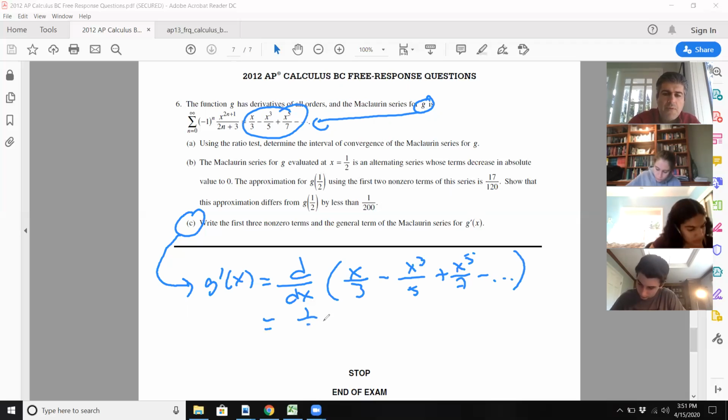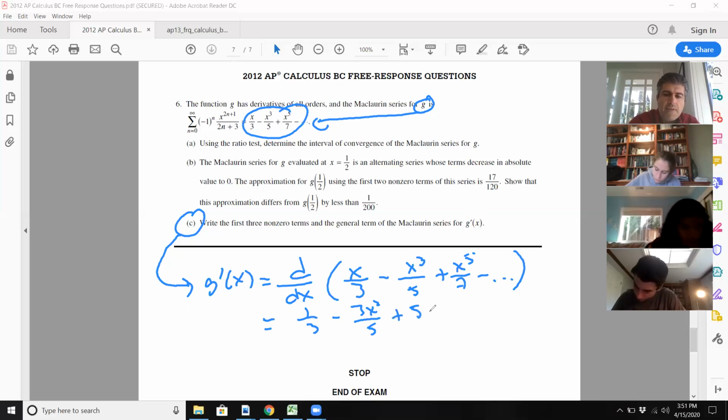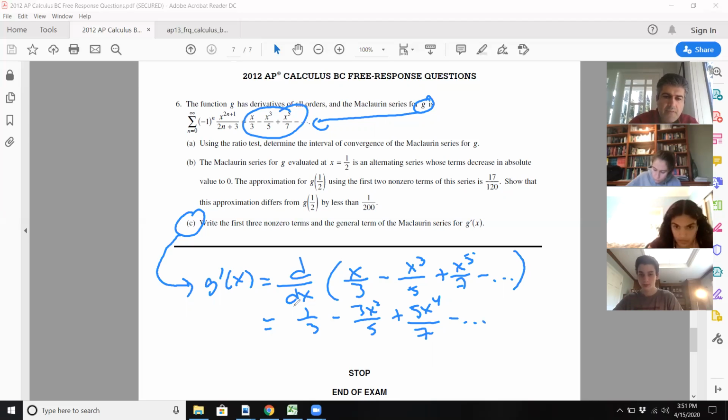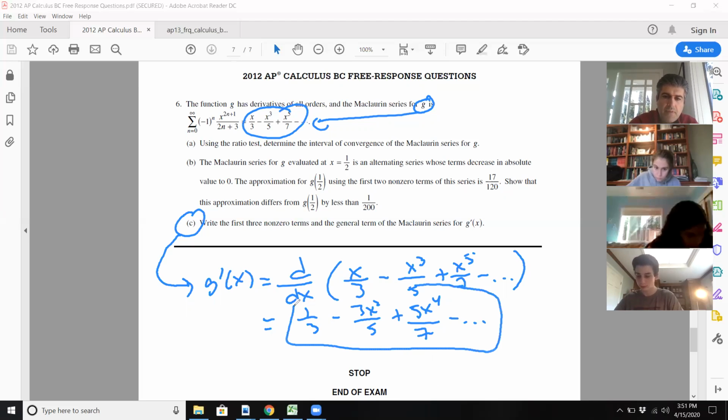That's easy. You get 1/3 minus 3x squared over 5, plus 5x to the fourth over 7, minus dot, dot, dot. Those will be your first 3 non-zero terms.